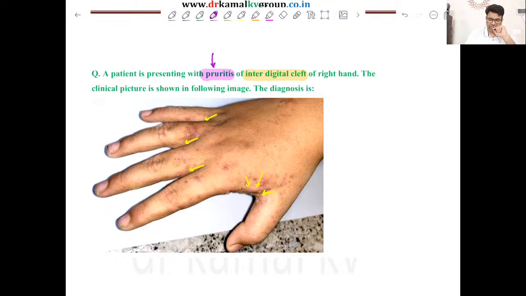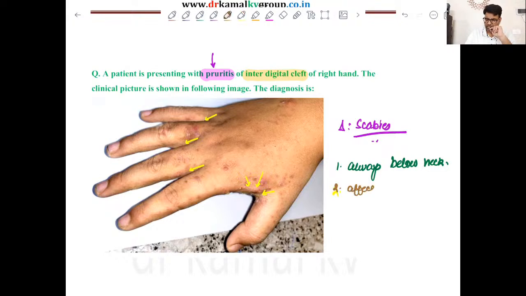Dr. Abhishek, yes, you are absolutely right. This is a classical presentation of scabies, and in adults it is always below neck, number one, right? And yes, affects body folds, right? So affects body folds.